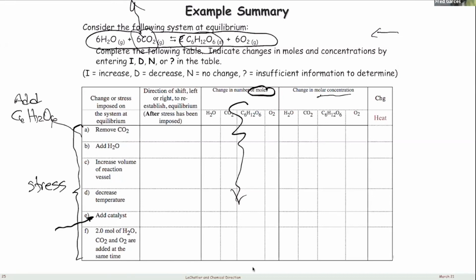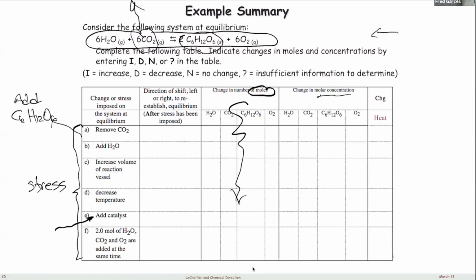So whenever a stress is applied, you don't look at what happens to the concentration because you add or remove. You look at the concentration or the moles as a result of the equilibrium process. After a moment in time, the stress has been applied. You analyze whether it goes up, goes down, or stays the same.